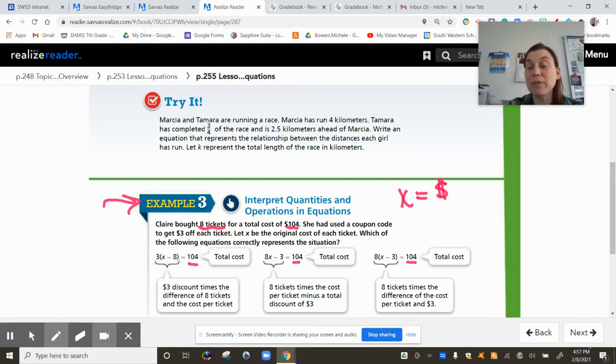It's the cost per ticket. So that means the only thing I can take away from X is money. The only thing I can add to X is money because it is money. So that's the label there. What's something else that's money here? Well, there's the discount, which is $3 per ticket.